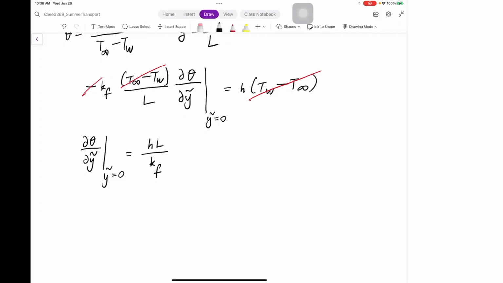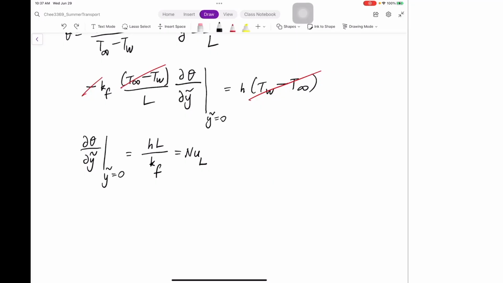F just reminds us that it's the fluid conductivity. And what is this number? The Nusselt number, excellent. We put L just to denote that we are using L as the characteristic length. You can use x at any distance x, which is called Nusselt number x, like we defined Reynolds number x versus Reynolds number L.